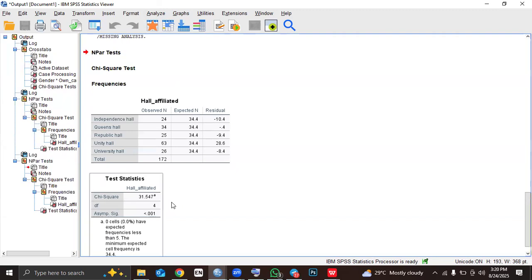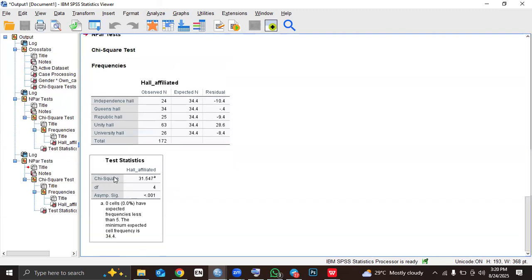Then we come to our next table where we have our test statistics. We can see the chi-square value here, the degrees of freedom here, and then the p-value as the asymptotic significance. So SPSS has simply generated everything for us. Good, so now let's interpret our output data.